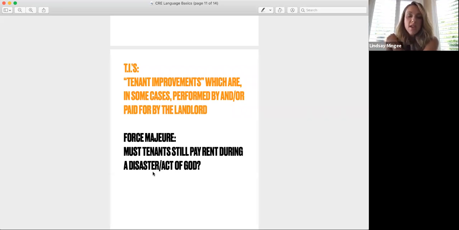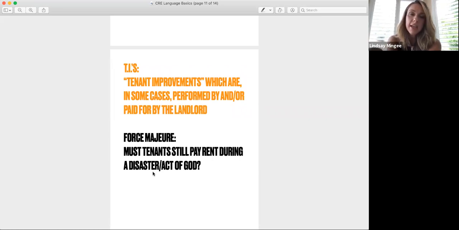Fun fact, even though we call all of those improvements tenant improvements, in many cases the construction of those things is performed by the landlord and often paid for by the landlord, depending on property type, lease type, things like that. So that's something fun to know: even though we call them tenant improvements, TIs, it doesn't necessarily mean the tenant is the one who is responsible for paying for it or building it out.